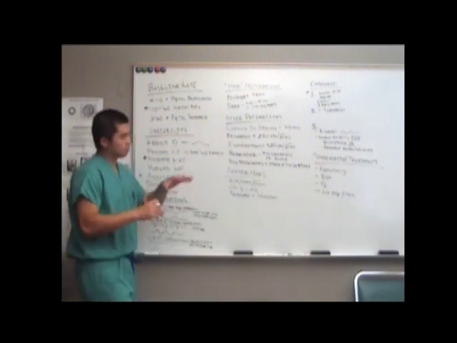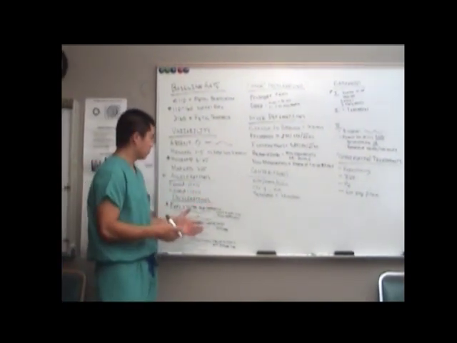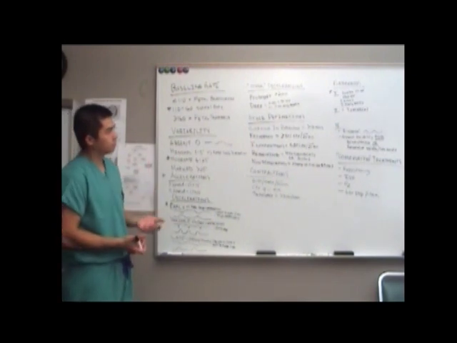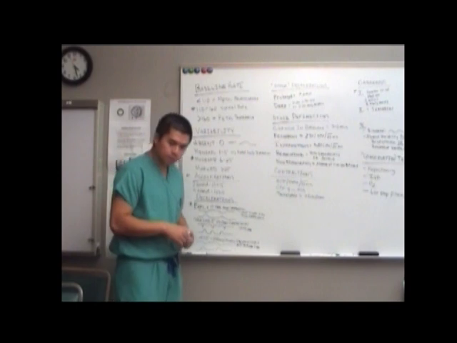Now again, these are conservative treatments that are typically done by the nurses right away when we have non-reassuring fetal heart tones. So category 2 or category 3 fetal heart tracings.